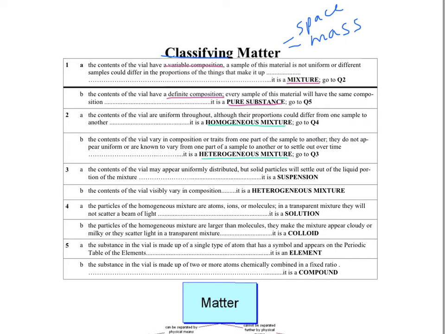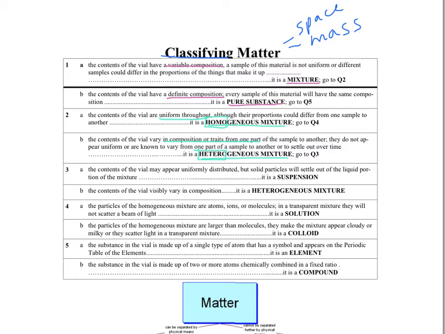These are going to be based on whether or not it is uniform throughout, or if it varies in composition or traits from one part to another. Both of these terms use the prefixes that you should be used to by now, homo meaning same, hetero meaning different. So a homogeneous mixture looks the same throughout. A heterogeneous mixture looks different, hetero, different.